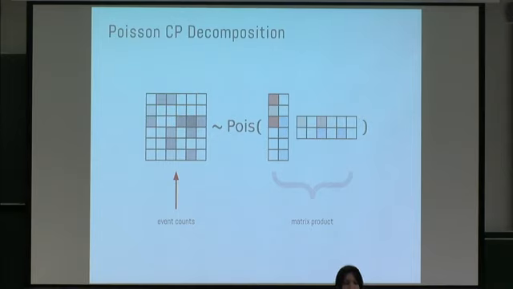Specifically, we assume that each element in our count matrix was drawn from a Poisson distribution whose rate parameter is the corresponding element in the n by n matrix obtained by taking the product of the sender factor matrix and the receiver factor matrix. We can then invert this generative process using a statistical inference algorithm to uncover the factor matrices.